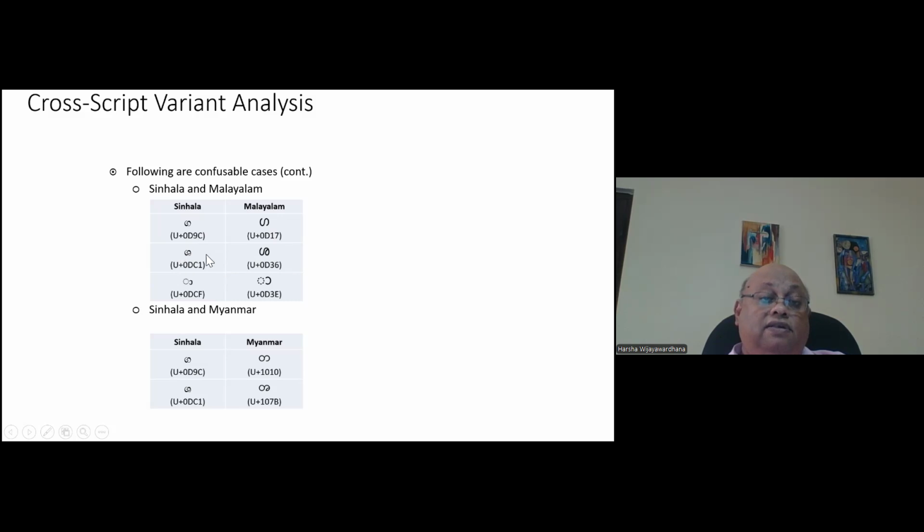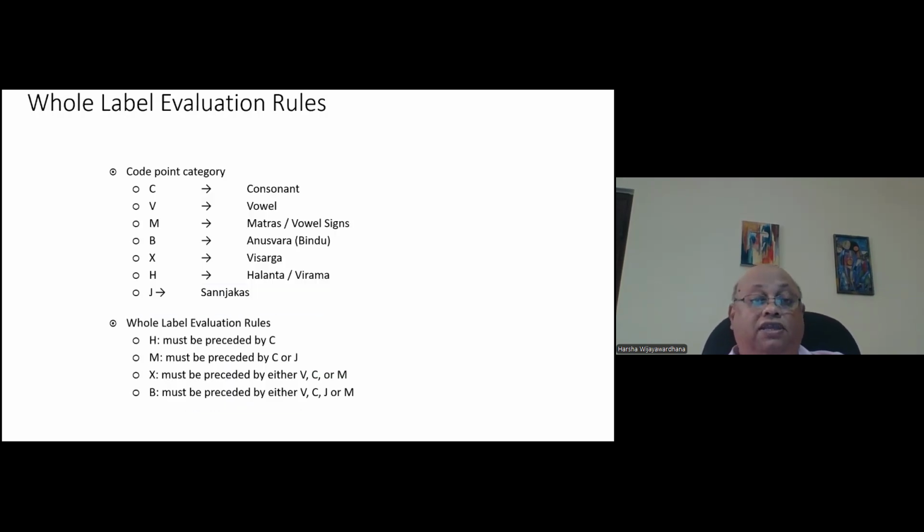Then this Shur, again the same. Then there are two modifiers. Myanmar also we have put in here, right? But these are confusable cases, and they are not exactly going to have a huge impact upon other variants.